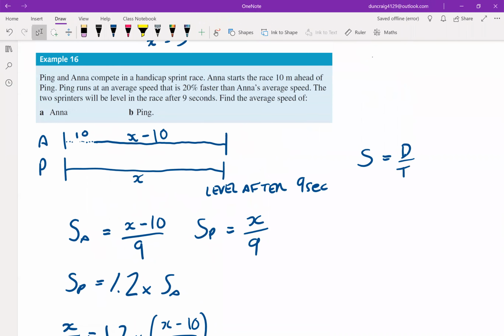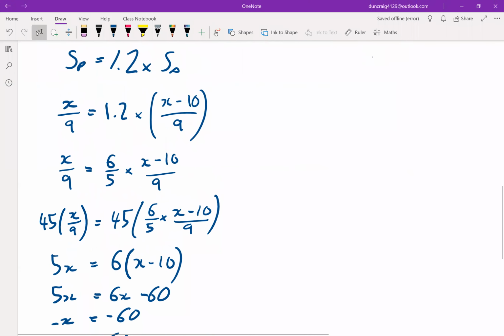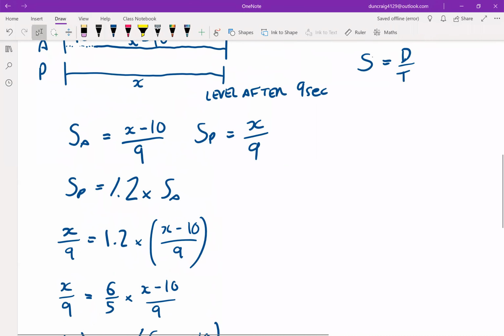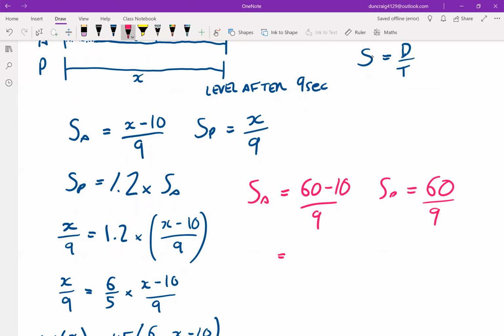Then what are we doing? Find the average speed of both of them. So let's come back up and state our solutions. The speed of Anna is going to be 60 take 10 over 9, and the speed of Ping is going to be 60 over 9. So that's 50 over 9 and 60 over 9.